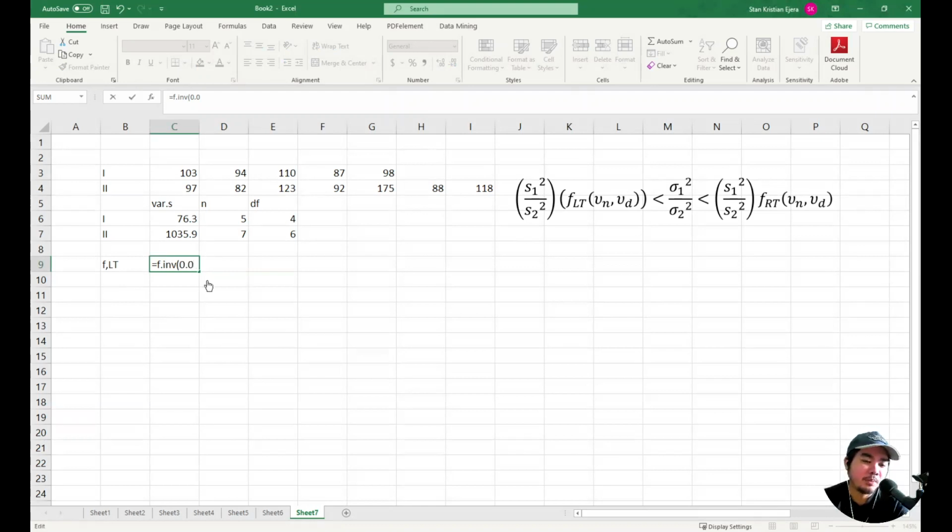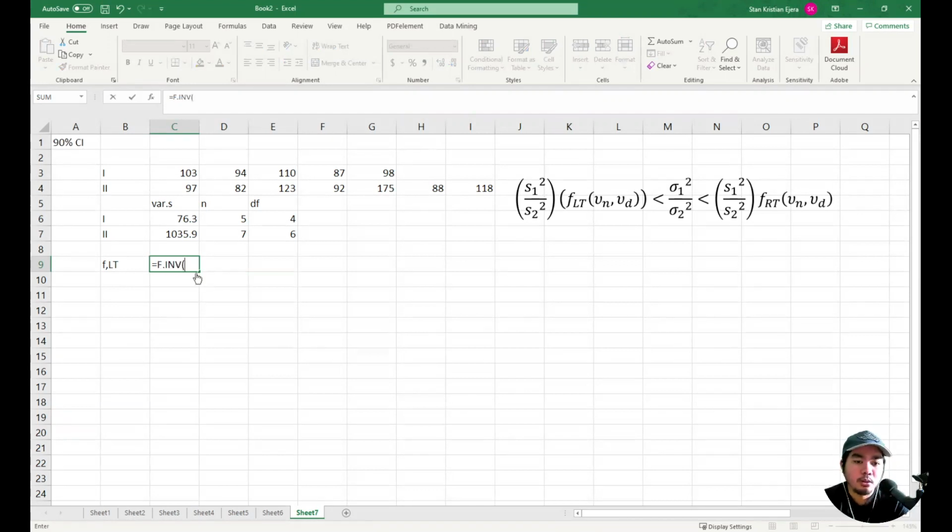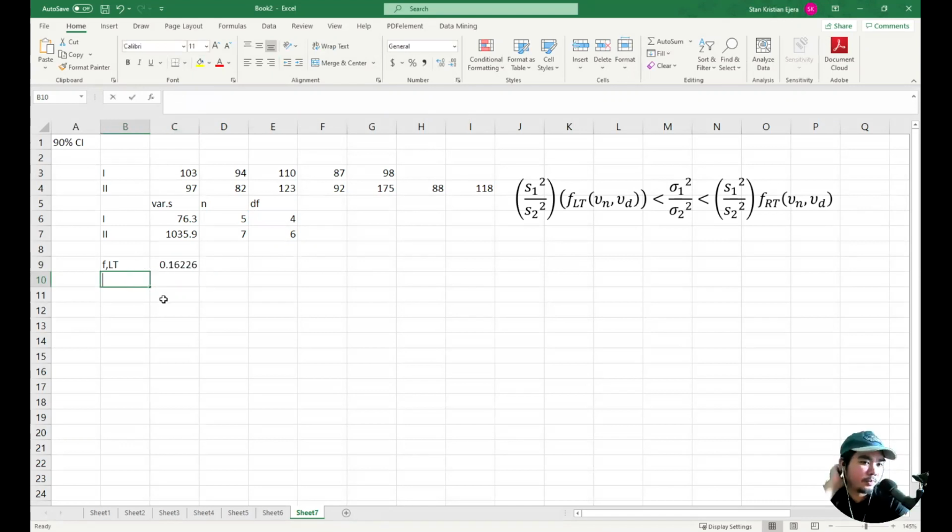It's 90%. Since we are looking for 90%, I'll put it here: 90% confidence interval. Since this is 90%, F left tail equals F.INV of 0.1/2. Degrees of freedom 1 is the numerator, this one. Degrees of freedom 2 is the denominator, this one. So that is 0.16226.